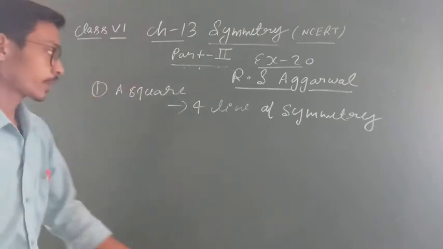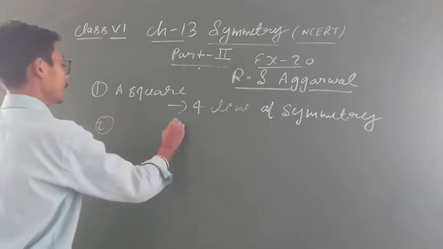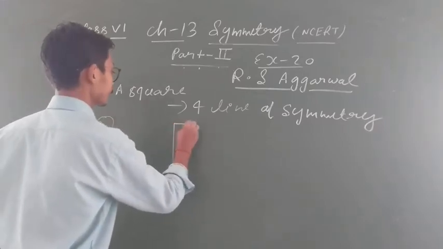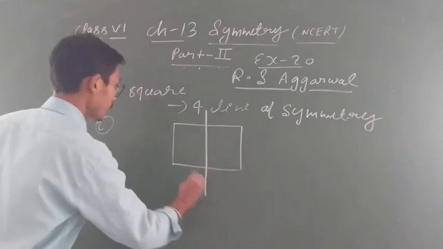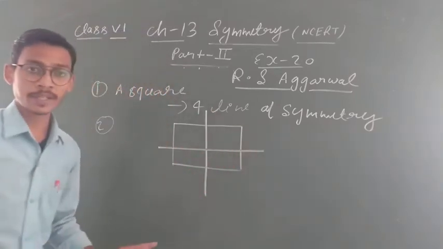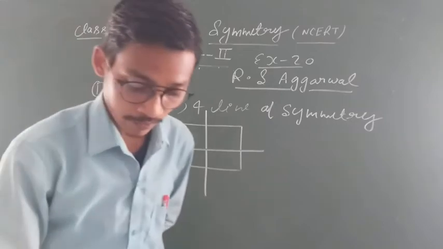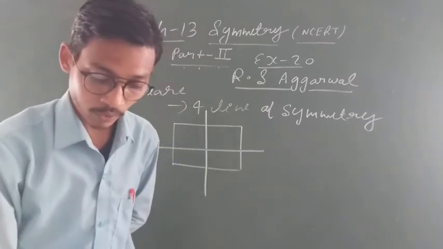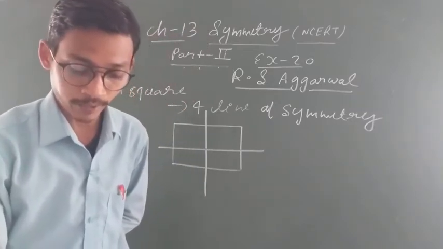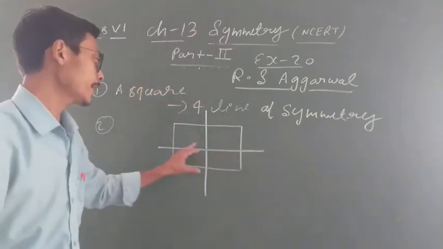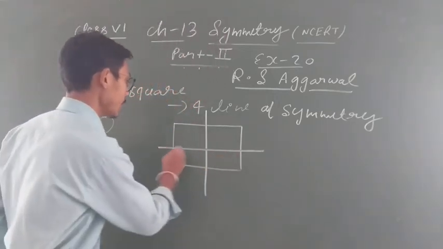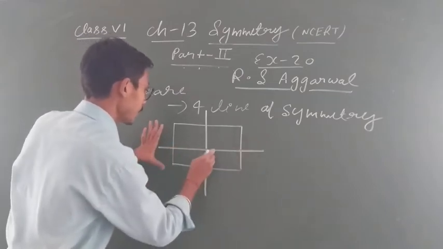जैसे the second question is given, a rectangle. जैसे a rectangle is this type of diagram. तो in a rectangle, first and second, only two lines of symmetry. अब in the options it is given: each of its sides, each of its diagonals, a line joining the midpoints of its opposite sides. So C is the correct answer. How? देखो, a line joining midpoints. देखो this line and this line joining that.